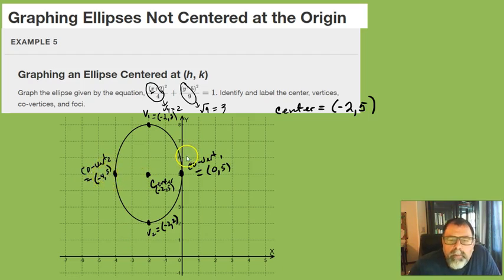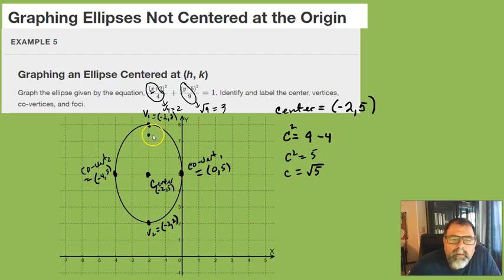And then remember, the foci are always on the major axis. So we have to figure out what c is. C squared is, you just subtract the bigger one minus the smaller one. So c squared is 5, and then you square root it. So square root of 5 is like 2.3 or so. So right about here.